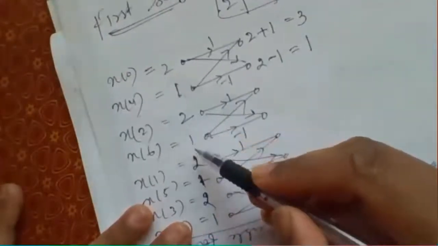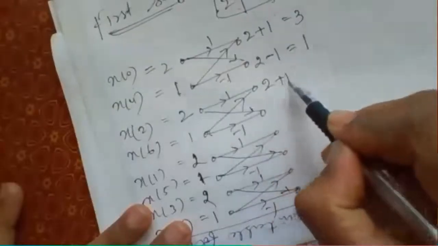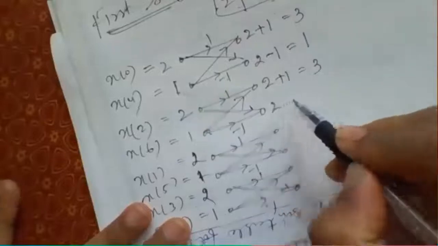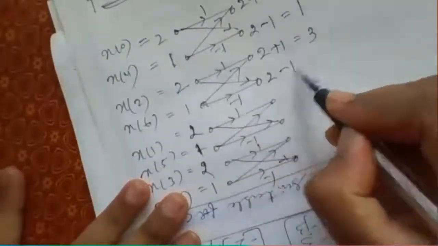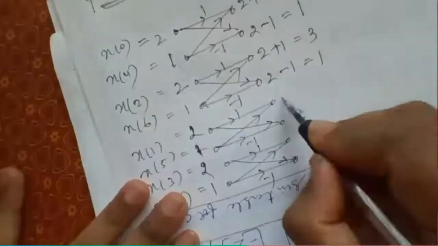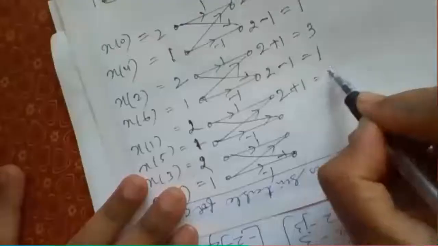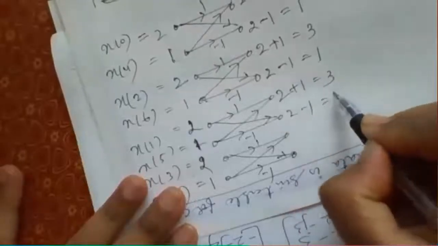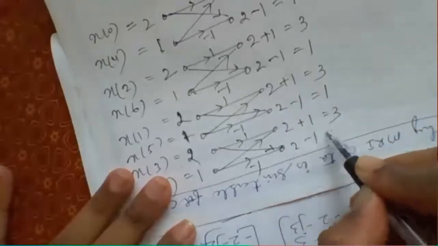Similarly, as it is simply a repetition of 2, 1, 2, 1 in all the blocks, you are going to get the same answer: 2 plus 1 is equal to 3, 2 minus 1 is 1, again 2 plus 1 equals 3, 2 minus 1 equals 1.